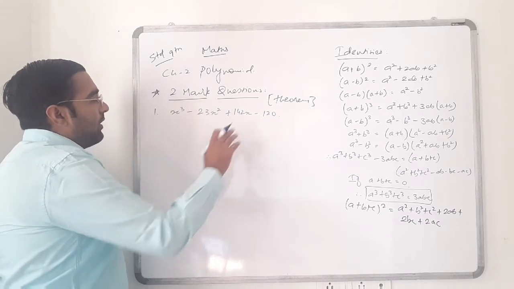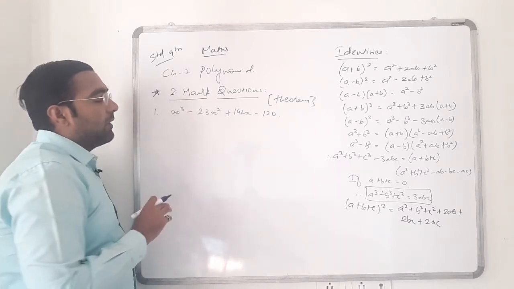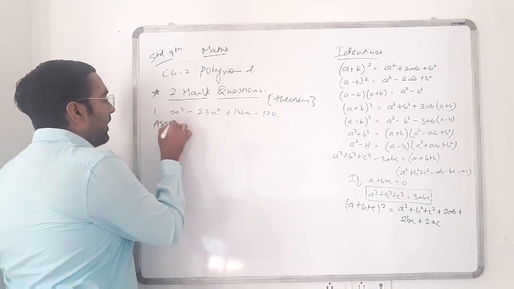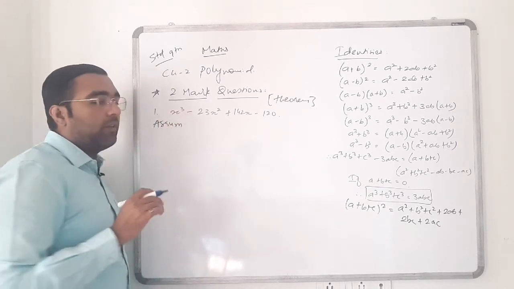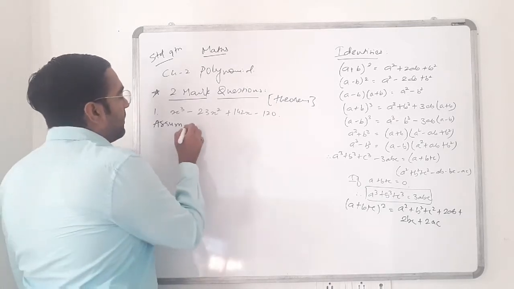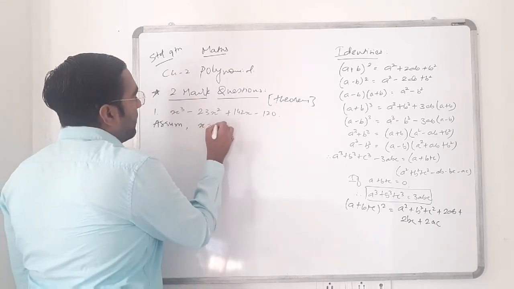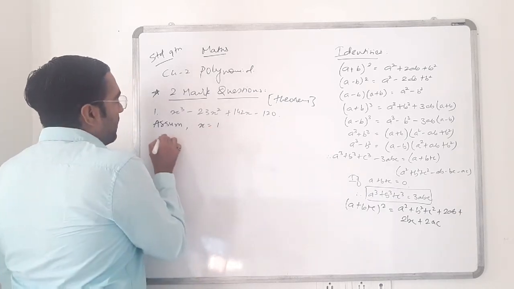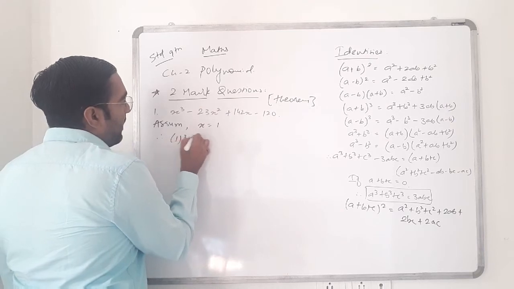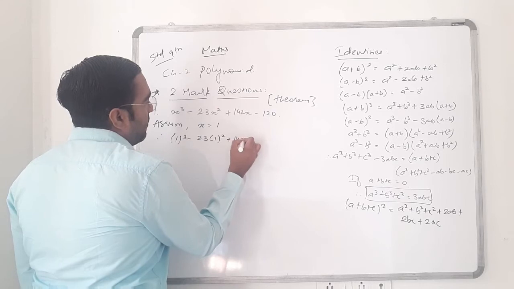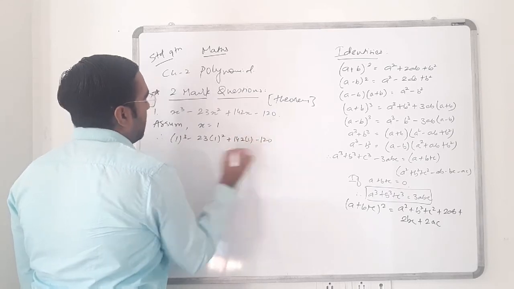So first of all, the question is given. Now I have to assume a value of x, and I'll take that value of x equal to 1 first of all. Therefore 1 cube minus 23 into 1 square plus 142 into 1 minus 120.